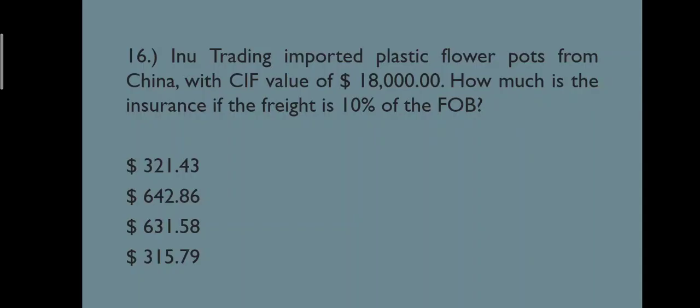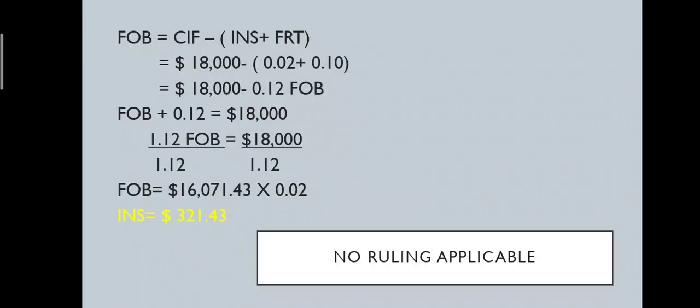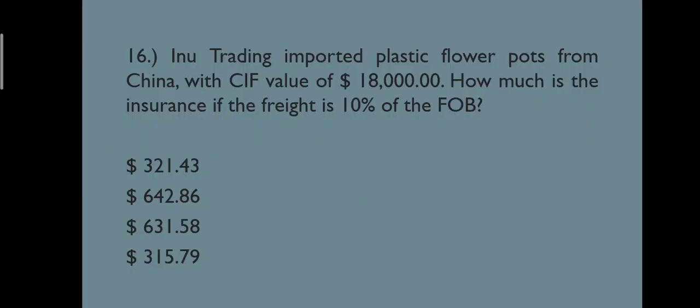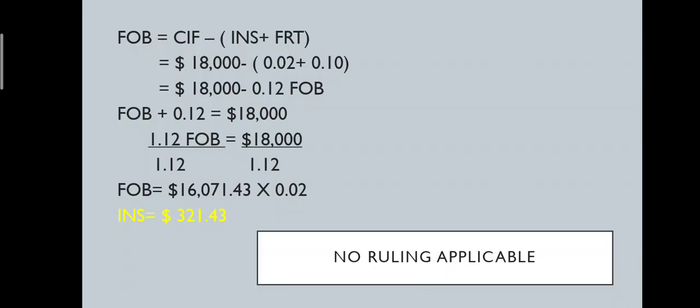Next, Ino Trading imported plastic power pots from China with CIF value of $18,000. How much is the insurance if the freight is 10% of the FOB? So ang gipangita diri kay dutiable insurance. So in order to get the FOB, parehas ganina, CIF given nga $18,000 nga aton siya i-minus sa given nga insurance and freight which is 0.02 plus 10% sa freight niya.